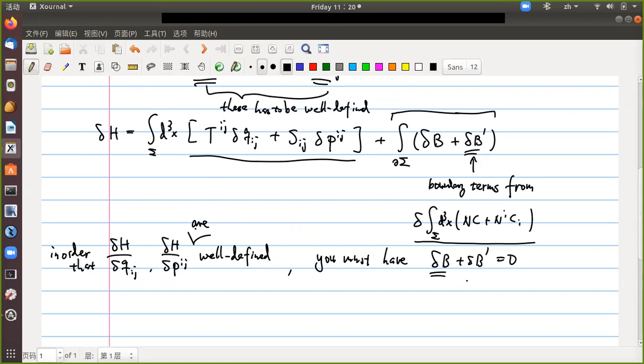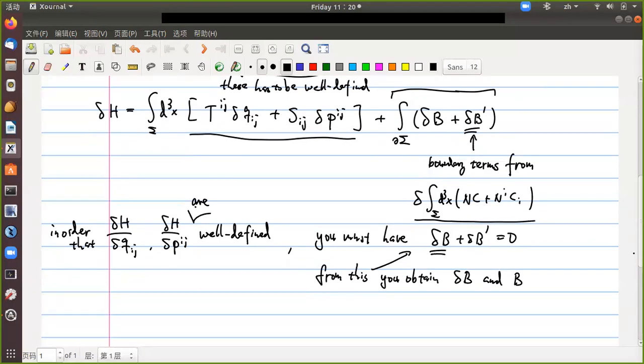Once you compute delta B prime, you know delta B. So from this equation you obtain delta B and B itself. Usually in this way you can find delta B, and then also B, which gives you the right delta B.